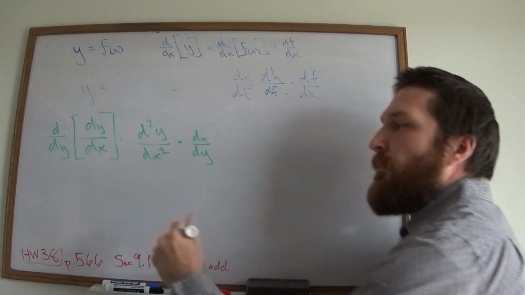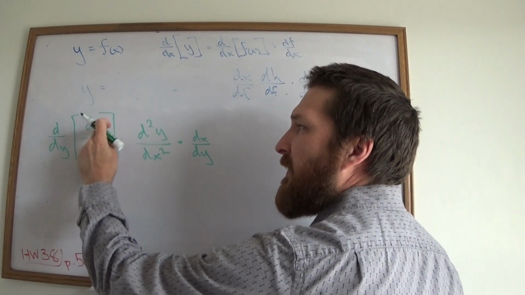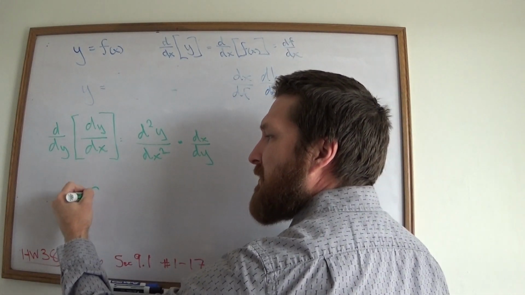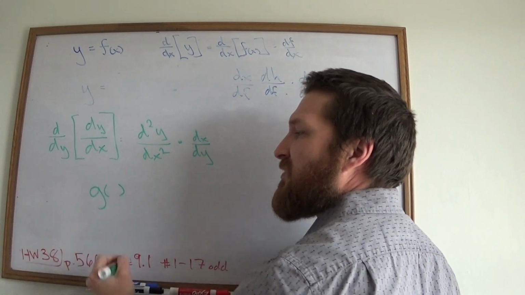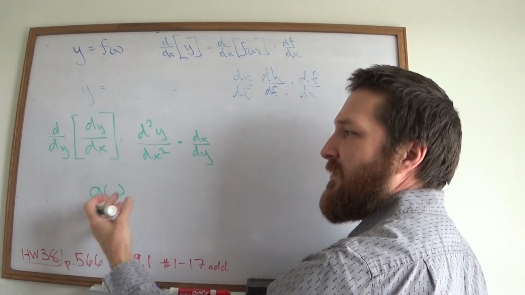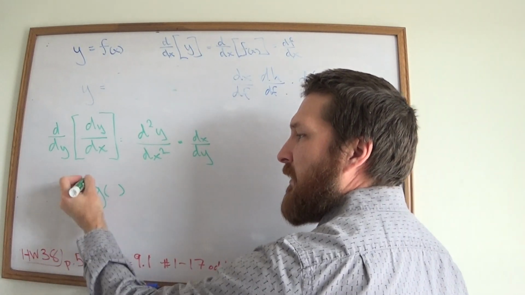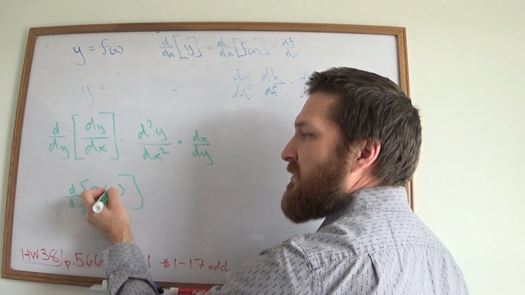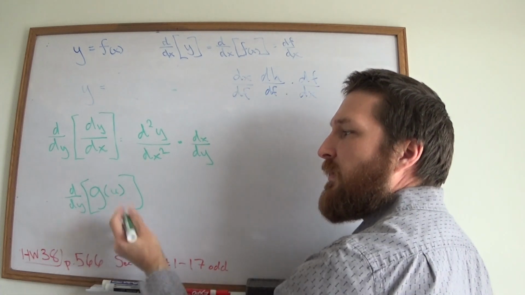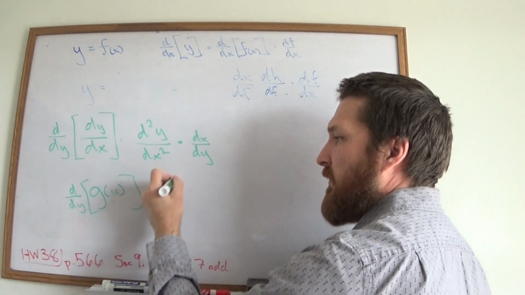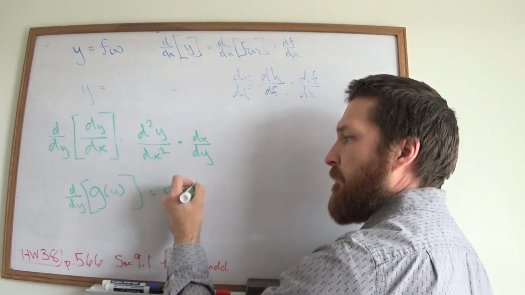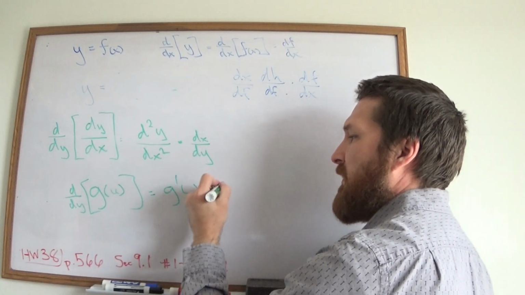And maybe we could see this a little bit better if instead of thinking about y, we think about this as a g of some stuff. There's an x in there, there's some other stuff in there. If I take the derivative with respect to y, we use the chain rule, and whatever's in here, maybe we'll call it u. The chain rule would say, take the derivative of this with respect to u, then multiply by the derivative of u.